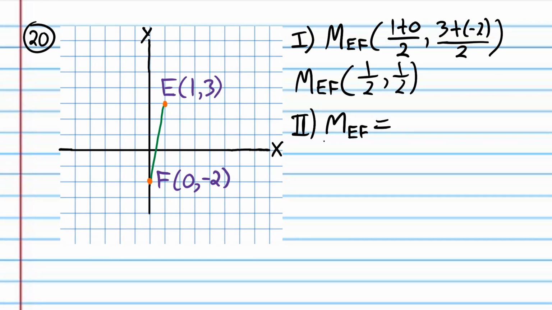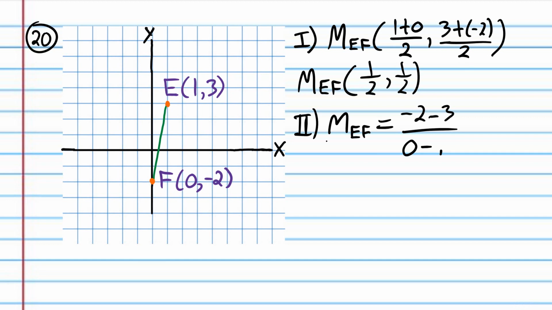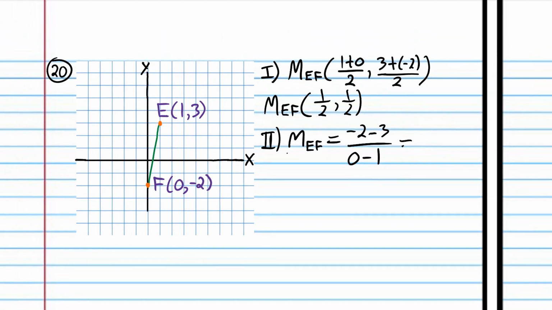So using F as the second point, we have negative 2 minus 3 over 0 minus 1. So that would be negative 5 over negative 1, which simplifies to 5. So we want a perpendicular bisector, so we want the slope of the line that is perpendicular to EF, so we just flip that and change the sign, so it becomes negative 1/5.